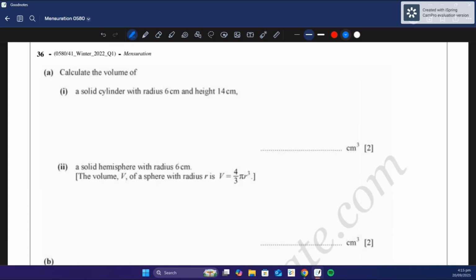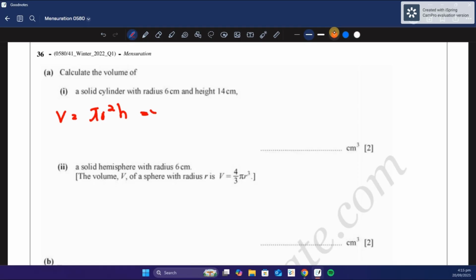Okay, so calculate the volume of a solid cylinder with a radius 6 and height 14. Okay, so the formula for volume is V is equal to pi r squared h.